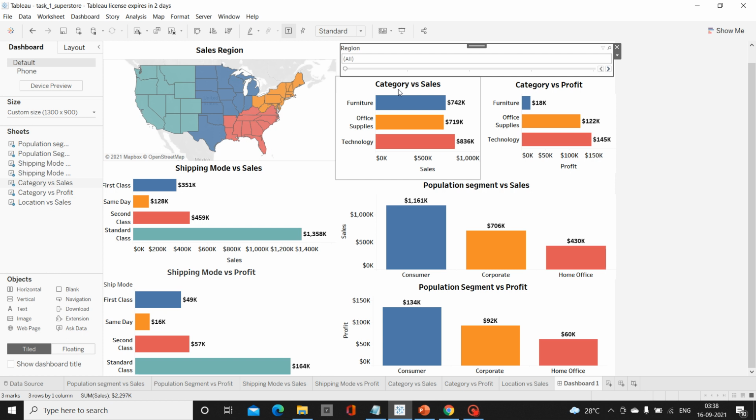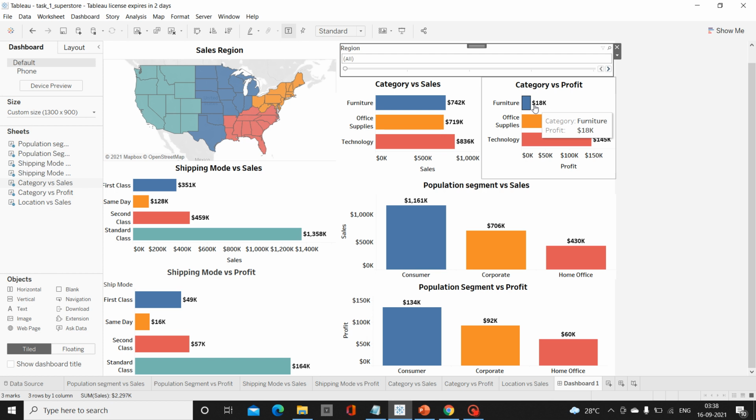So we need to check the capital we are investing in all the three categories, and from the bar charts we can understand that the amount of capital we are investing in furniture is more than office supplies and technology. That's why with such a high sales amount, the other two, office supplies and technology, are having such a large amount of profit, but the furniture has such a low amount of profit.